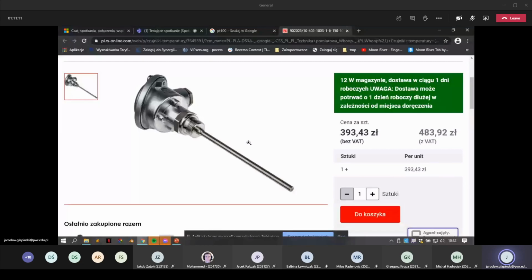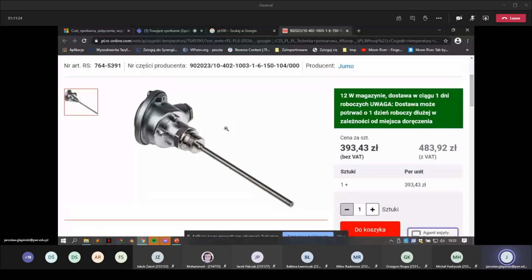First of all, it's linear, and it has a very good precision. So it is longer than the thermocouple, but it is a gold standard and used to measure very precise temperature changes.